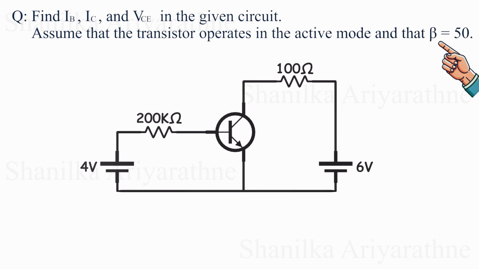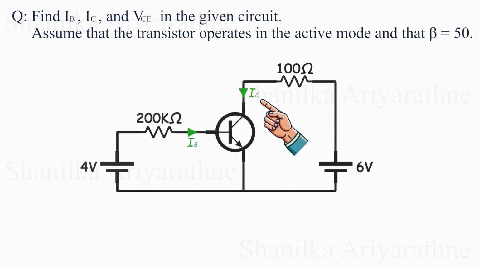This is an NPN transistor circuit, and we can tell because the arrow on the emitter is pointing outward. That little arrow is your cheat code for recognizing NPNs. Now let's label some key parts of the circuit to make things easier to understand. First, IB is the base current. It flows into the base terminal of the transistor.